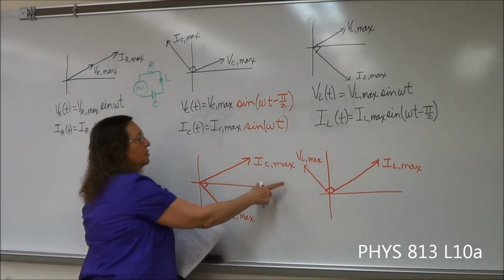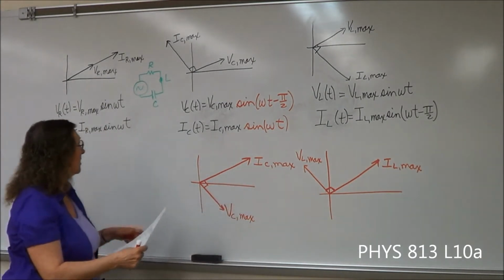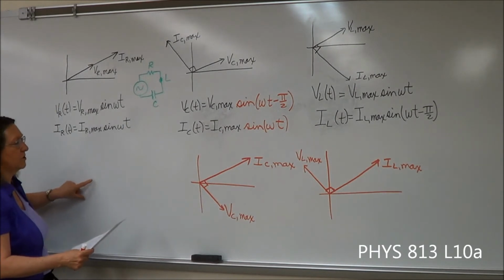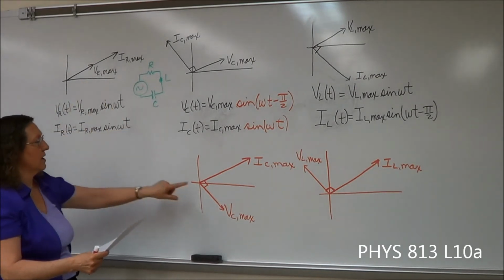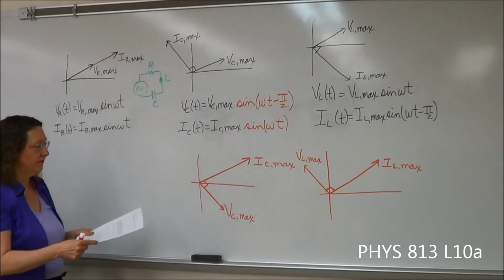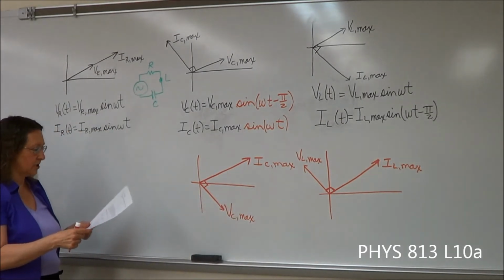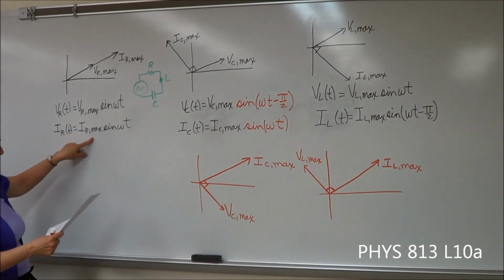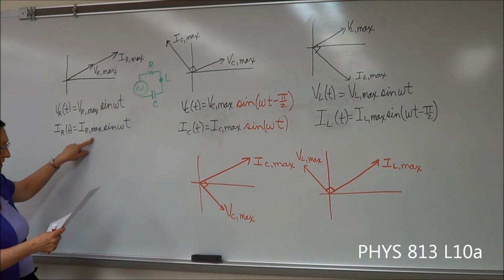So these two diagrams, actually this one is down here as well. I'm not going to redraw it. So this diagram, this one, and this one are what you should have in the row for phasor diagram on page 82. And then these two equations stay the same for the voltage and current.